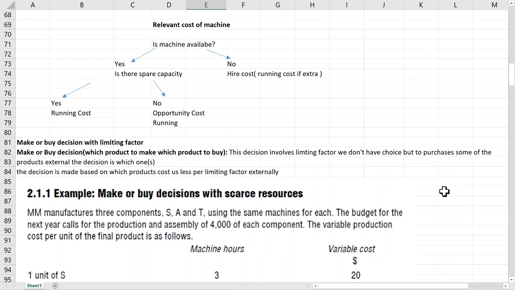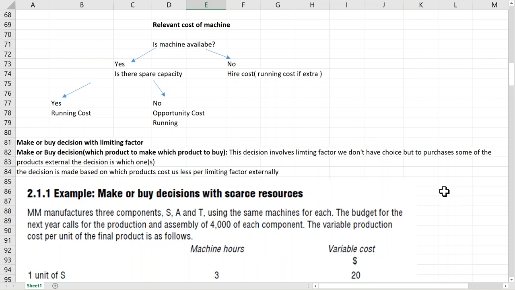So sometimes there is a decision to make something within the organization or to buy it from an external supplier. Like many computer manufacturers are buying the processor, for example, from Intel, the graphics card from NVIDIA. So this is make or buy.